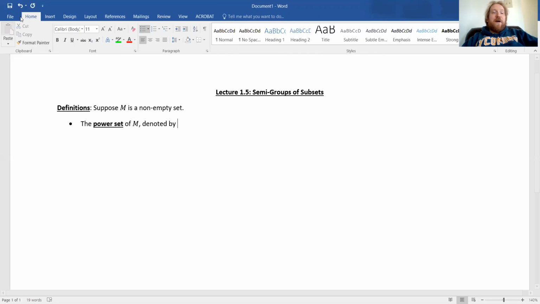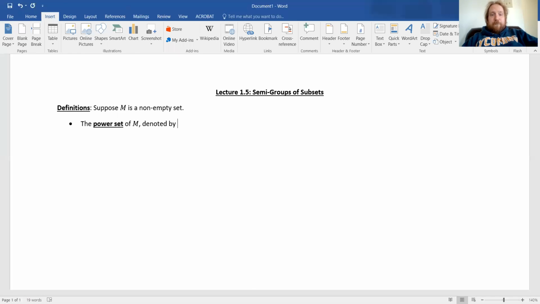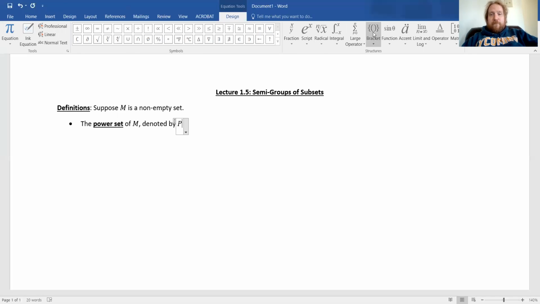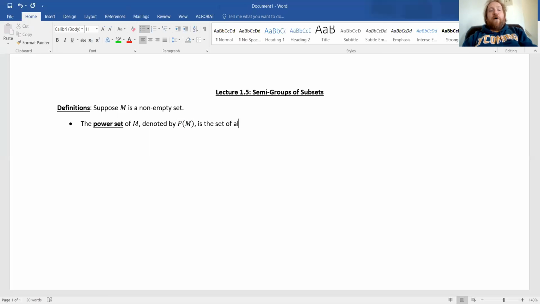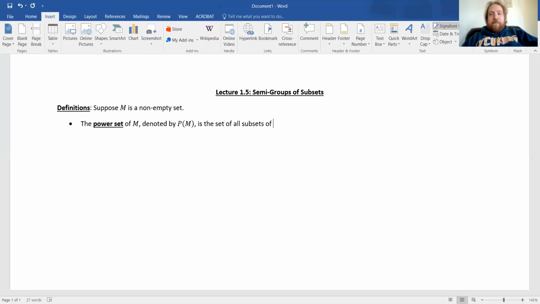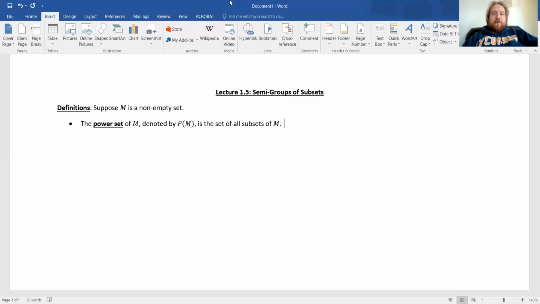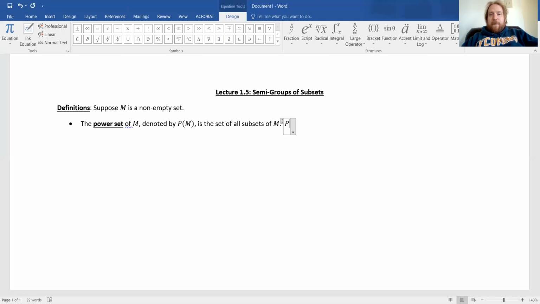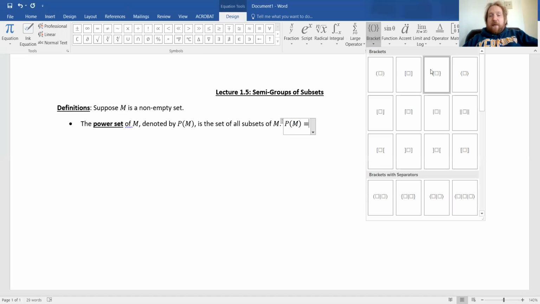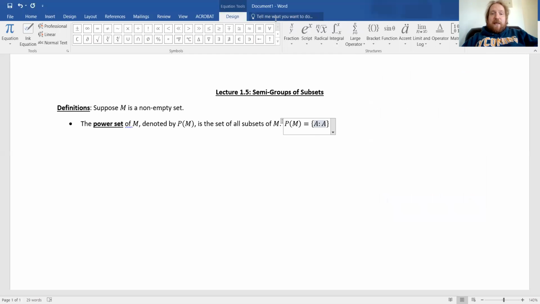Denoted by P of M, it is the set of all subsets of M. Now, we can write this as P of M is the set of all capital A such that A is a subset of M.